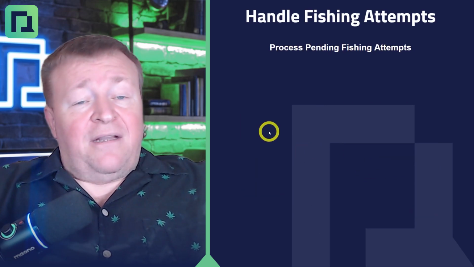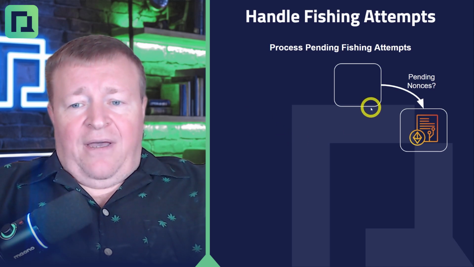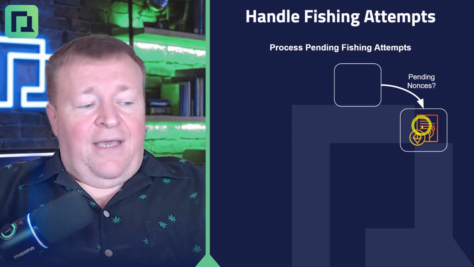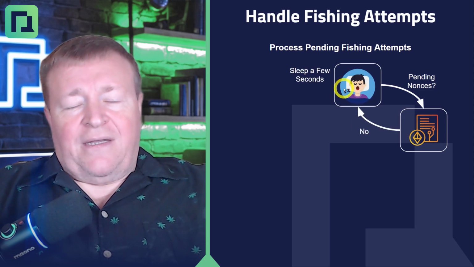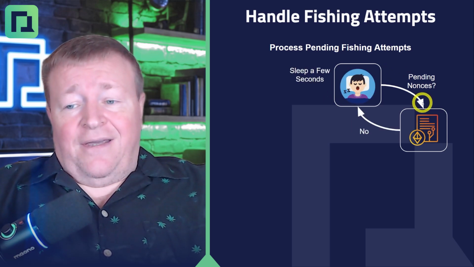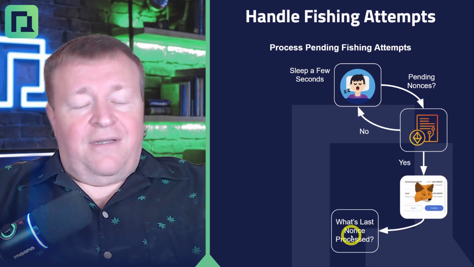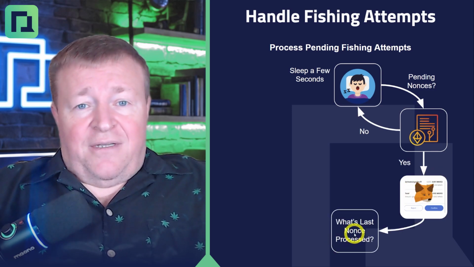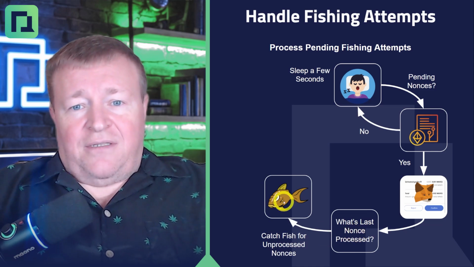Now, when we're handling the fishing attempts on the process on the back end, we have our processor right here. It checks the contract and says, hey, are there any pending nonces? No? Well, then go back to sleep for a few seconds, and then it's going to try again. But if it's yes, it submits a transaction. What was the last nonce that was processed? And then you catch fish for all of the unprocessed nonces.